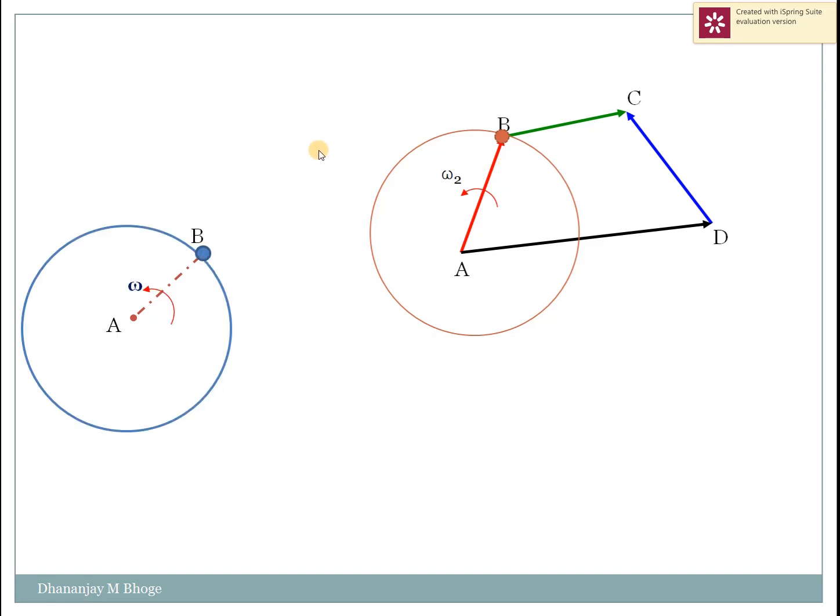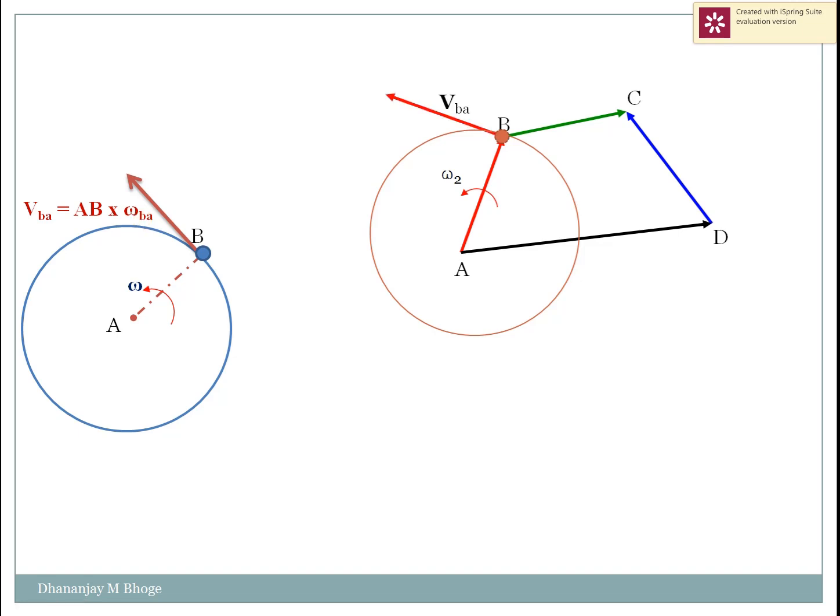Now when B rotates about A, it will have linear tangential velocity perpendicular to radius of rotation AB. So in velocity polygon, we will plot this vector which is perpendicular to link AB. We will call this vector as velocity of point B relative to A, whose direction is perpendicular to link AB and magnitude is equals to radius of rotation AB into its angular velocity, like this.